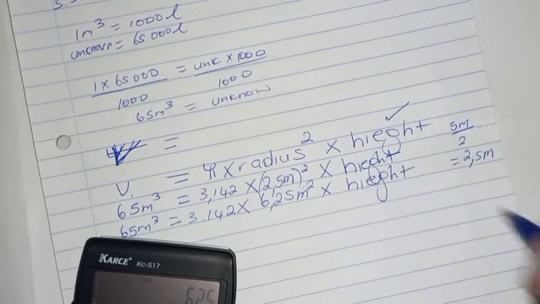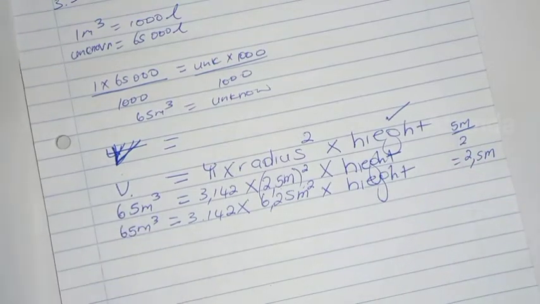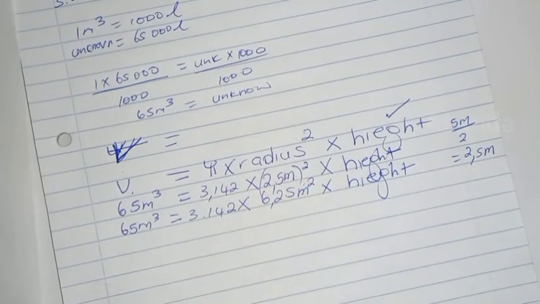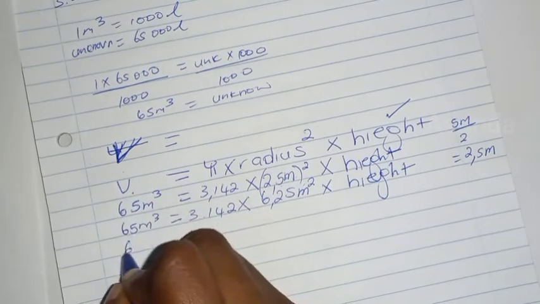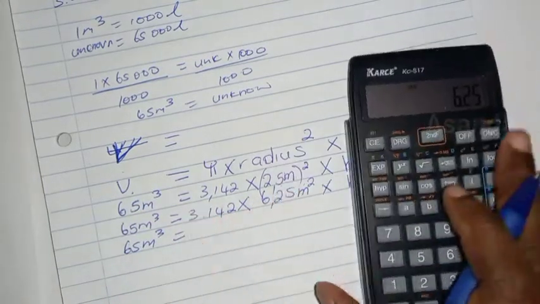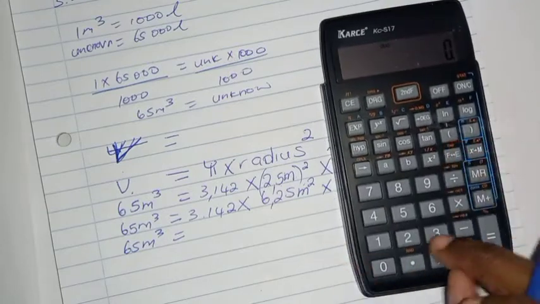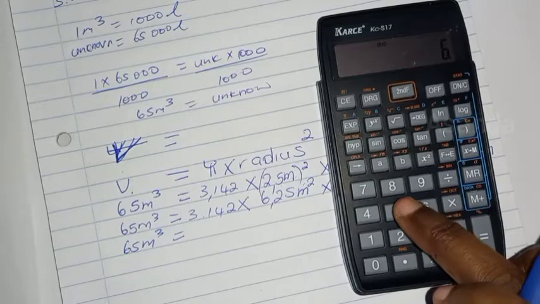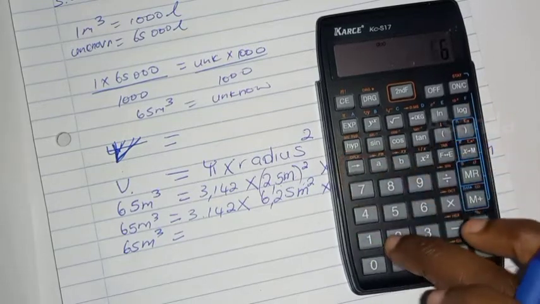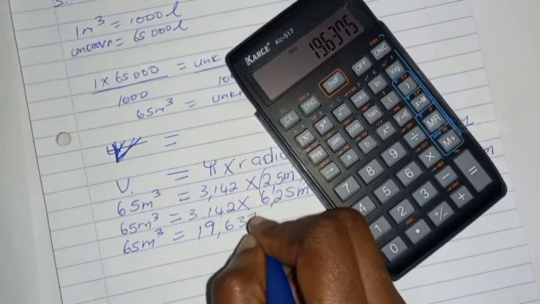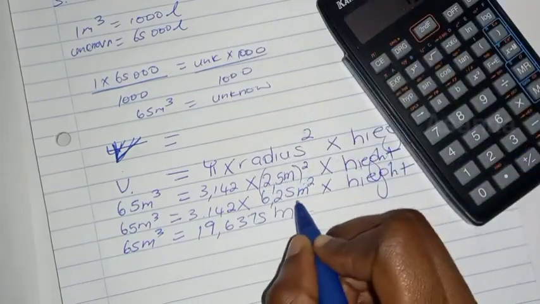Remember, height was still unknown, right? And then I can multiply these two numbers now. Okay, so I'm going to leave 65 cubic meters there because I want to know what these two numbers are. If I multiply them together, it's 3,142 multiplied by 6,25, and I get 19,6375 meters squared.